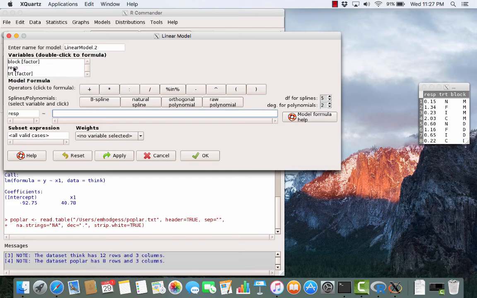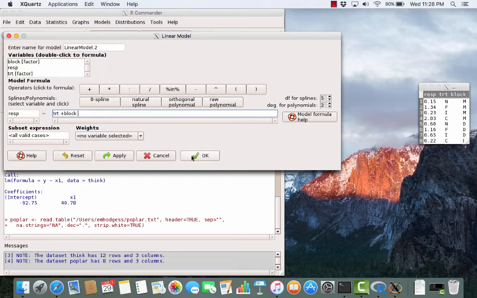So double click on that. You see how you filled in your left hand side? And then you have the tilde. And see how the cursor popped over to the right hand side? That's great. You want to have your response be a function of your treatment and your block. So then double click on treatment, then the plus sign, then double click on block.